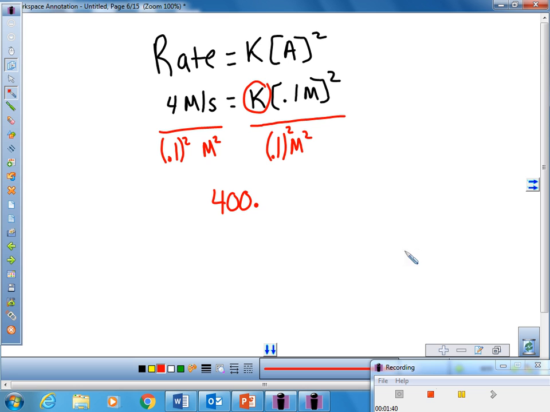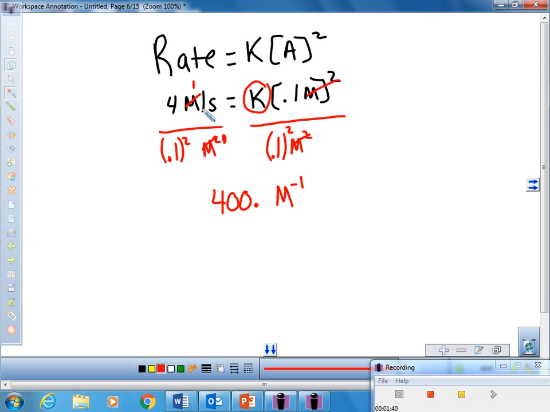So now let's talk units. If you'll notice, these units here are going to cancel. You've got 1 molarity on top and 2 on bottom. Hopefully you realize that one of these will cancel out and leave you with just 1 on bottom. Well, the fact that it's on bottom, and hopefully you remember from last time, it can be written as a negative exponent.